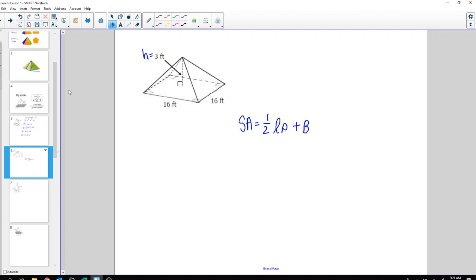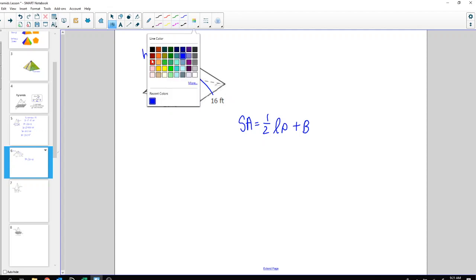So in order to find that slant height, along the front of this triangle or this side here, we're going to have to use Pythagorean theorem. So we can draw this triangle here in the center.